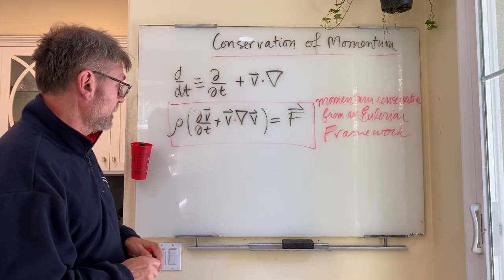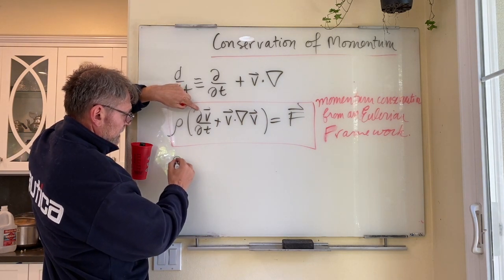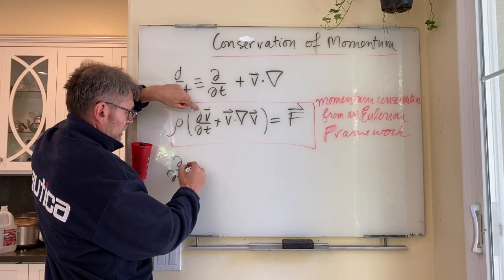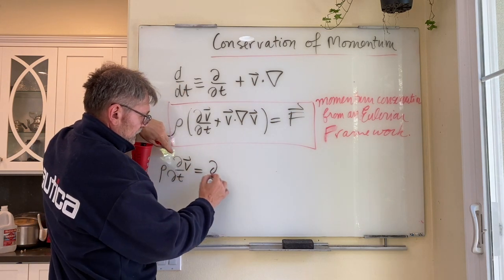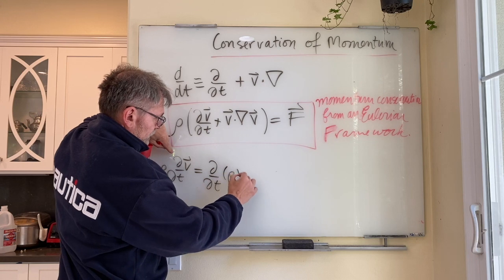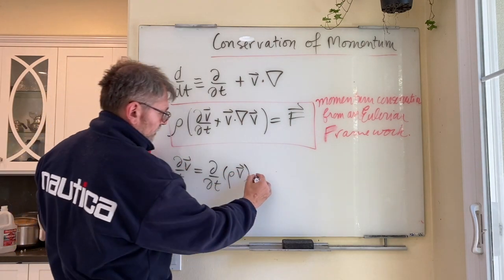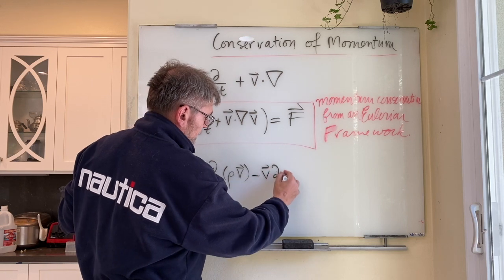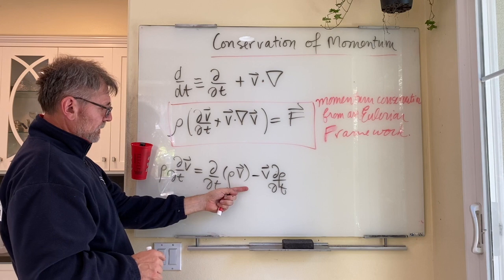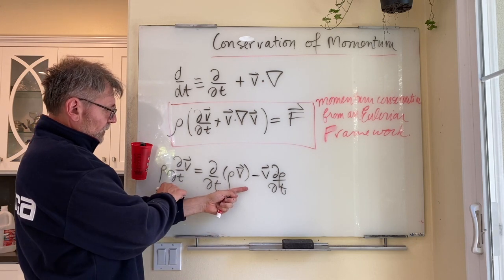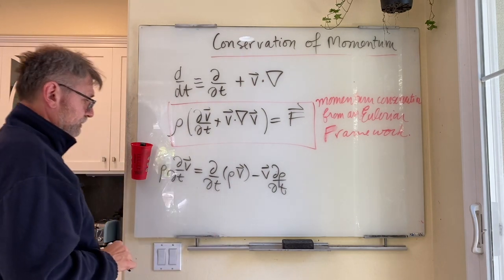Okay, so if I want to get it in the conservation form, rho times partial v partial t is equal to partial t of rho v. I brought the rho inside the derivative, so I have to subtract out minus v partial rho partial t, right? Because if I expand this out using the product rule, I'll get this term plus this term, so I subtract it out.